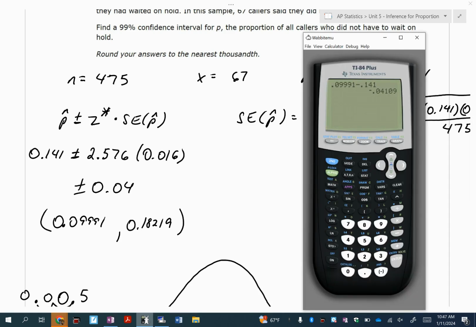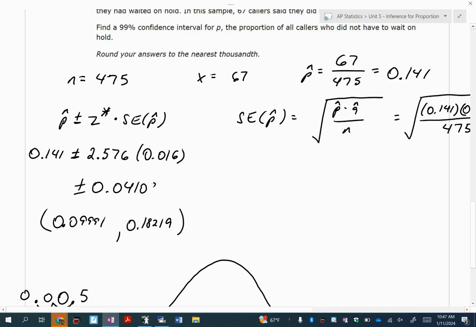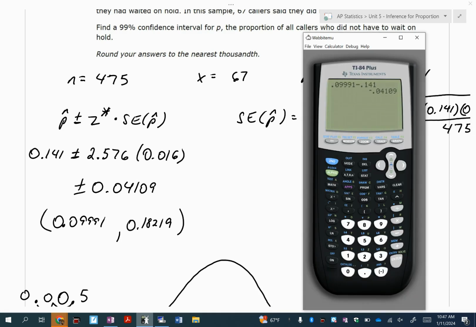So I chose this one. If you subtract p hat, that will give you the margin of error. So it doesn't matter which one we choose. I'll do the other one right now. 0.18219 minus 0.141. Obviously one's positive, one's negative, but again, I ignore the negative.